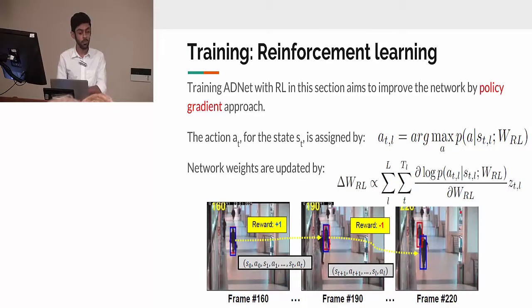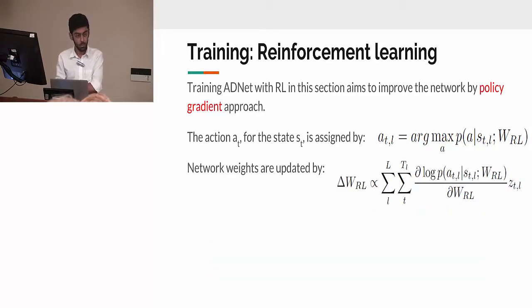So can you go back? Yeah, so this is an important equation, and I think everybody should look at it carefully, and this essentially is doing the policy gradient, and actually the loss, the probability is very similar to what we are doing in the supervised learning, right?